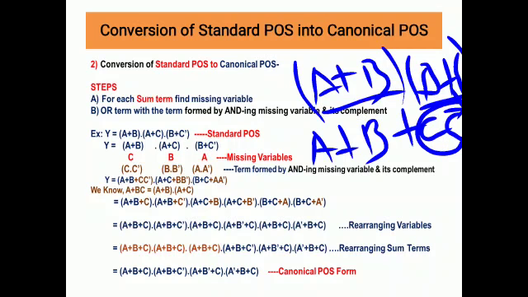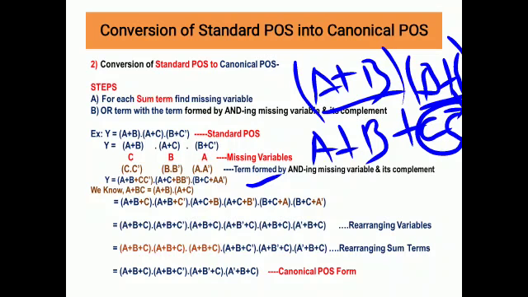Now you have to write the missing variable and its complement, that is if C is there, C into C bar. Now see how it is written here. Take the first term as it is, A plus B. Now OR, so plus C into C bar is written. In this way write for the remaining terms also.